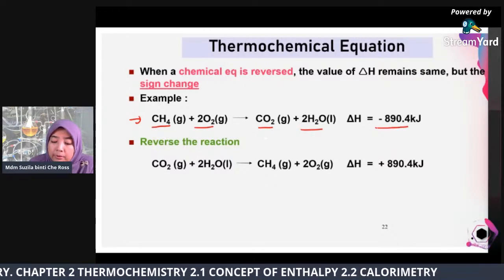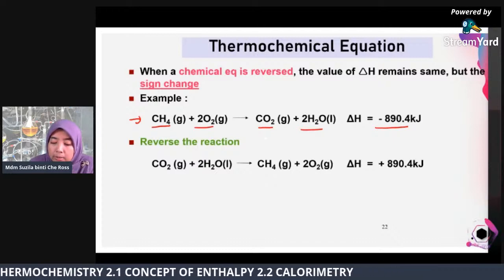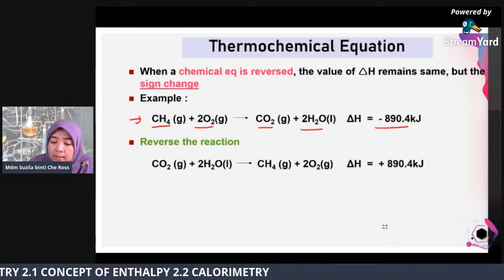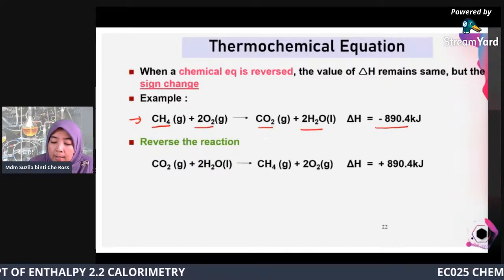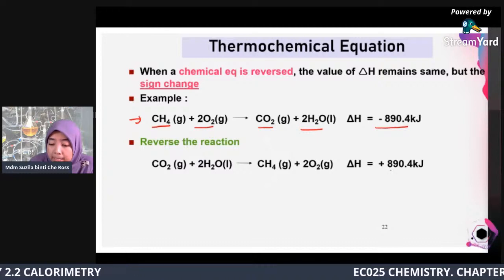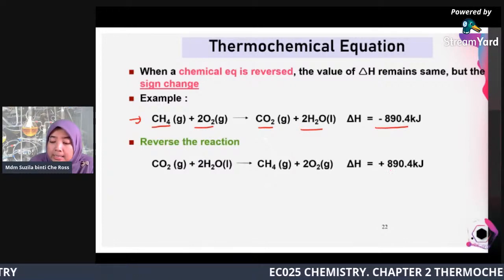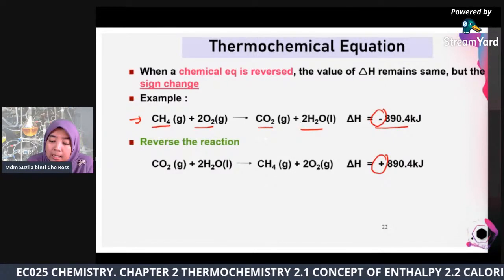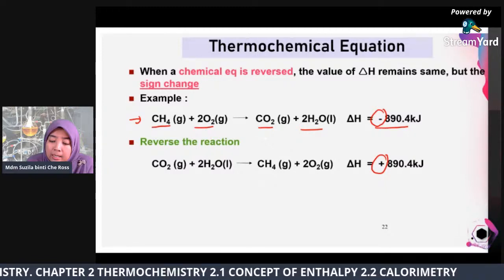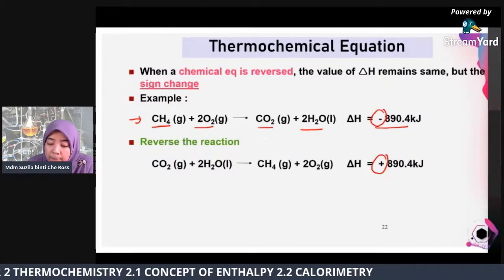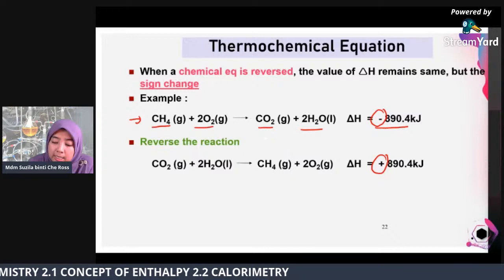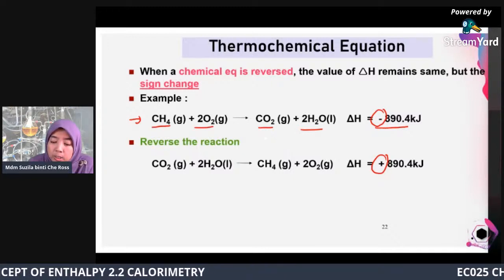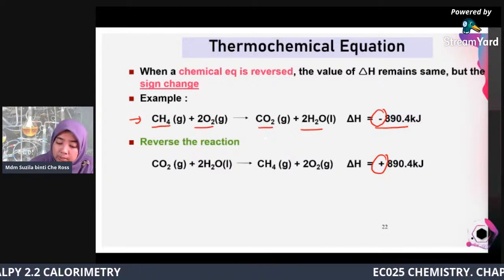But when we reverse the equation, the value of delta H remains, but the sign of delta H will be changed. Okay, so if originally it is negative, after reversing it will become positive. If originally it is positive, after reversing it will become negative. So this is the special thing about a thermochemical equation.